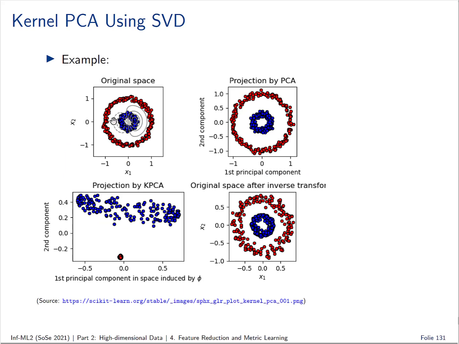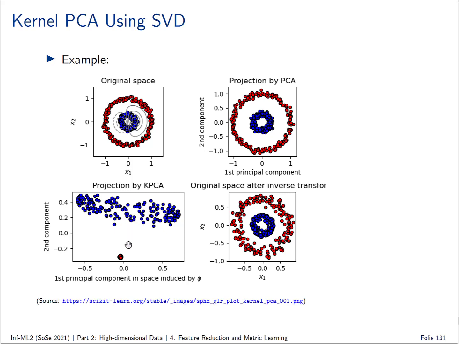So here's an example. That is our original space, with something nonlinear happening here. If you project the whole thing by PCA on the first two principal components, nothing changes, so we have the same data representation. If you do that with kernel PCA and take the first two components, you get n components.